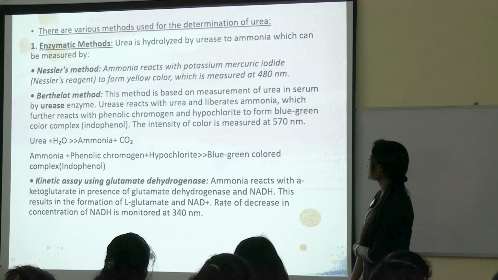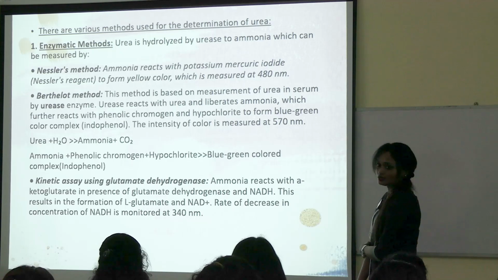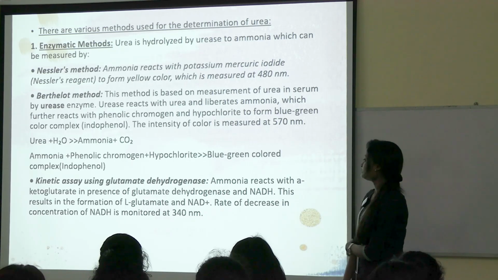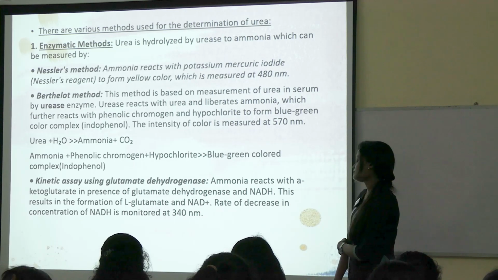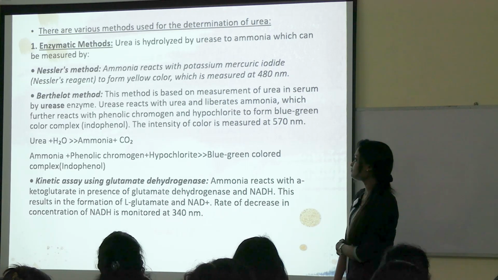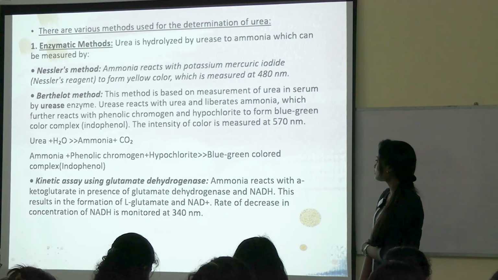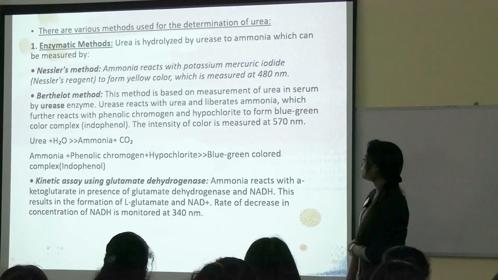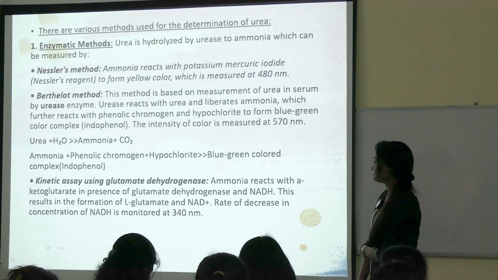The intensity of color is measured at 570 nanometer. So urea with water in presence of urease enzyme is converted to ammonia and carbon dioxide. Then ammonia reacts with phenolic chromogen plus hypochlorite, giving blue-green colored complex indophenol.